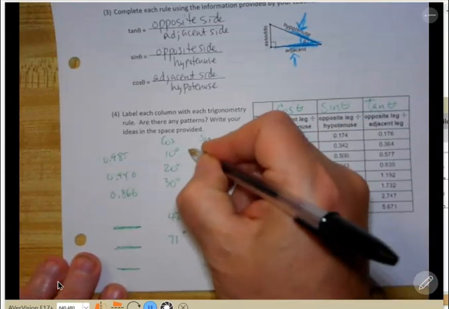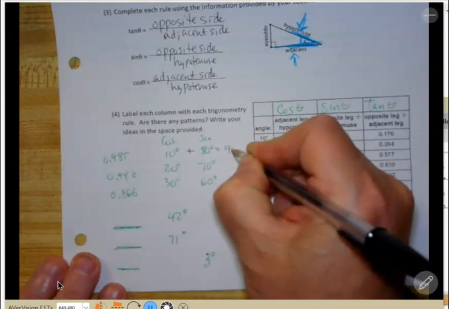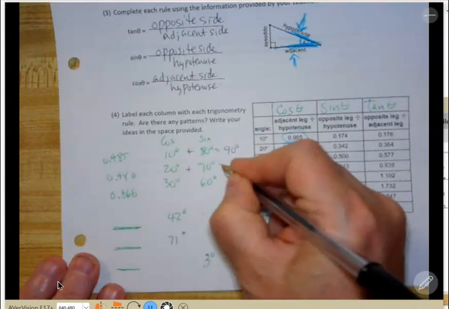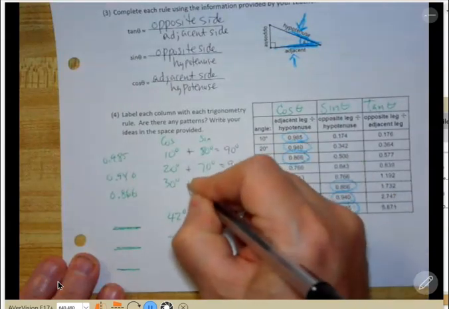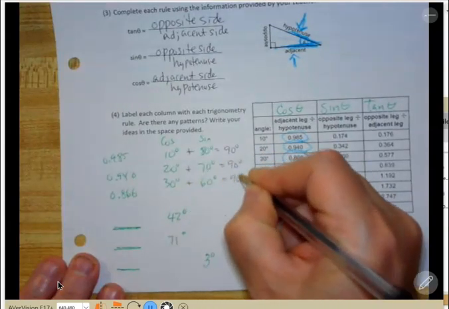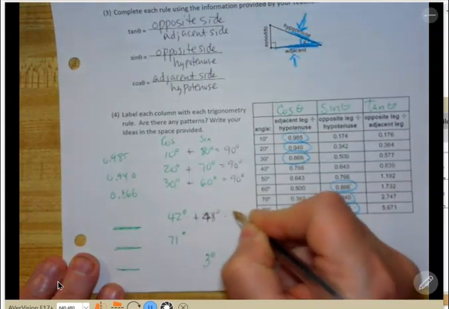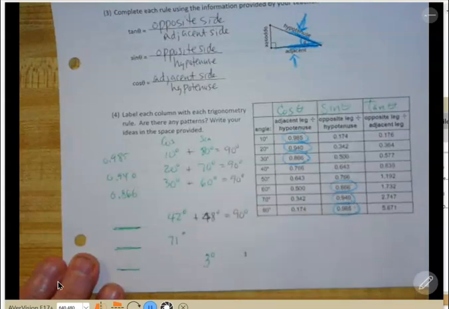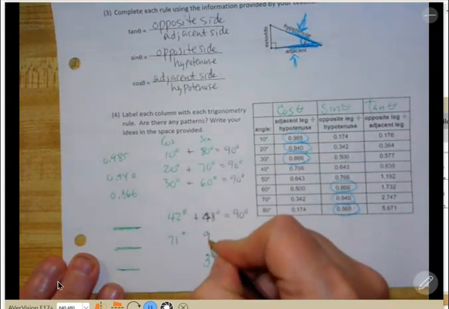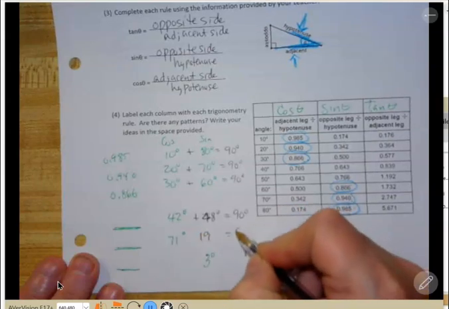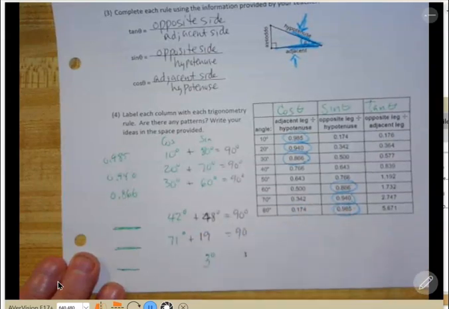So I'm hoping that you saw that if you took the two angles and added them together, they add up to 90 degrees each time. So I'm hoping that you chose here 48 degrees to get to the 90. I'm hoping that here you chose 19 degrees to get to the 90.